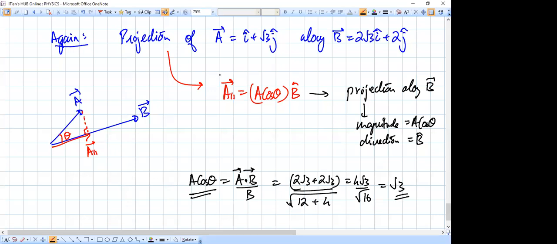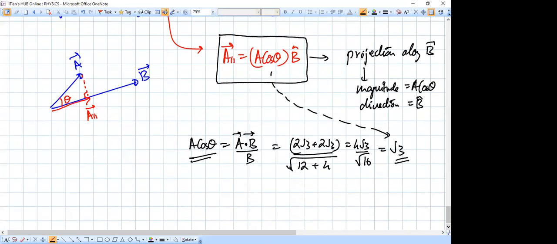So in this formula, we will substitute A cos theta as root 3. And secondly, what about B cap?